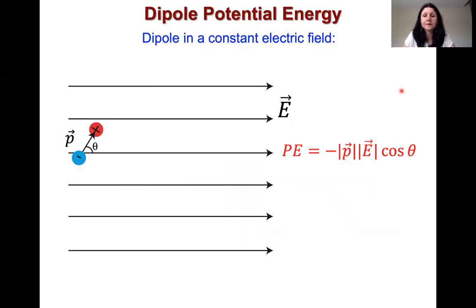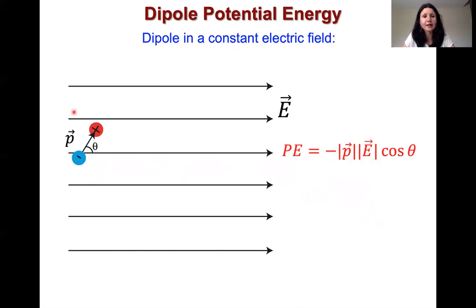Another thing that we thought about is the potential energy of an electric dipole. Remember, when we're talking about force or potential energy, we need another object, another source of charge with which your object interacts.